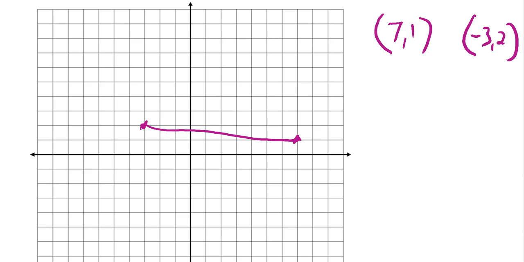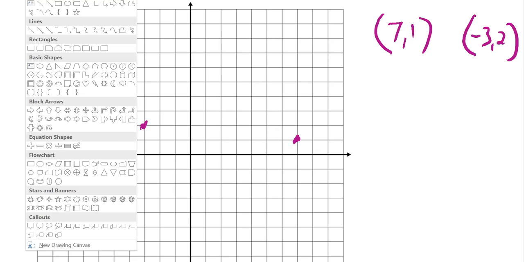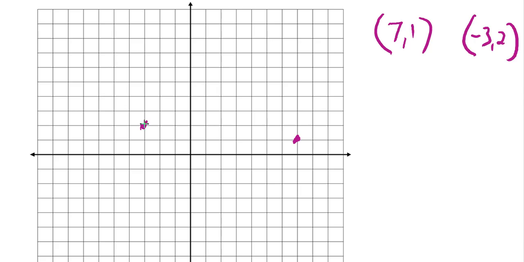I know this looks kind of hard. Here, let me do this. What's difficult about this is that they are only one away, so it looks pretty skinny.